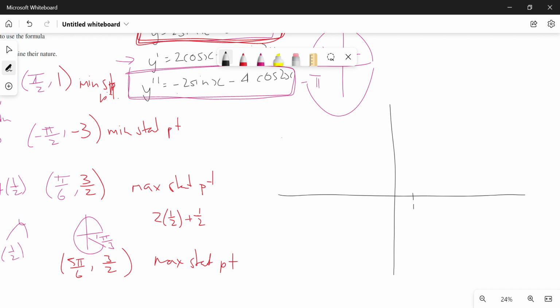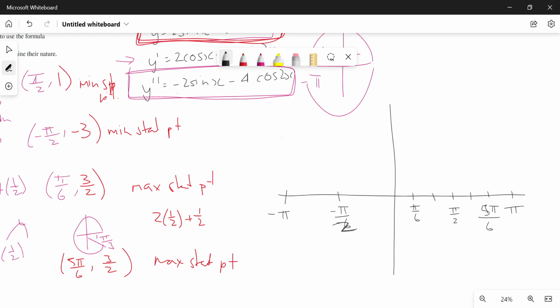So pi on 6, 2 pi on 6, 3 pi on 6 is the same as pi on 2, 4 pi on 6, 5 pi on 6, 6 pi on 6, which is pi, and then we'll go over to minus pi on 2, and minus pi.